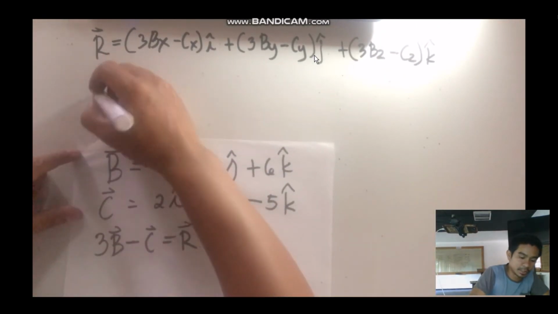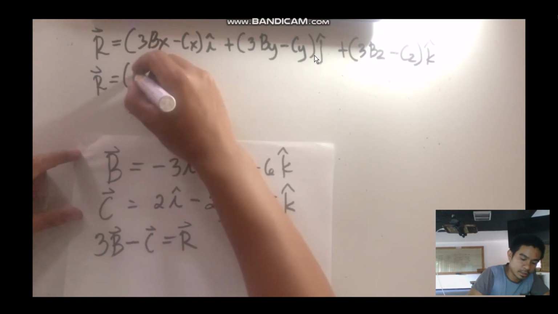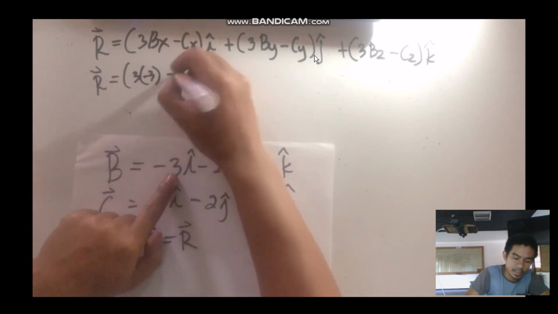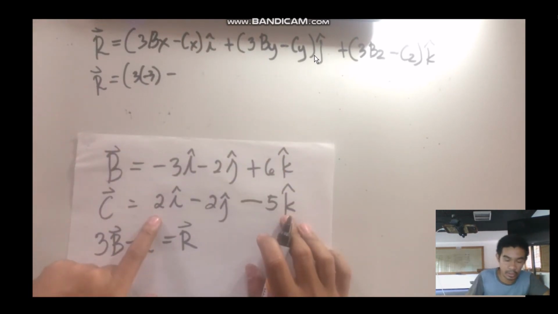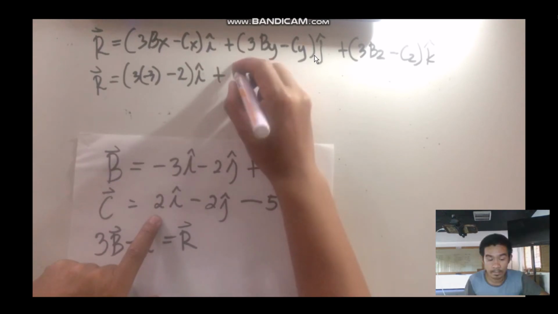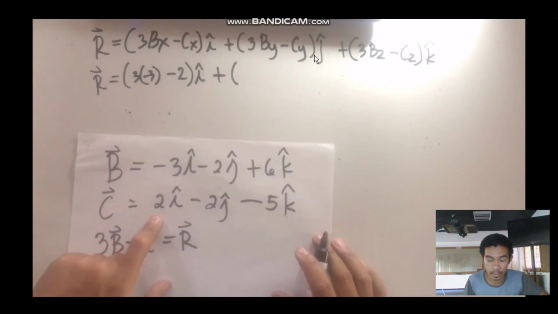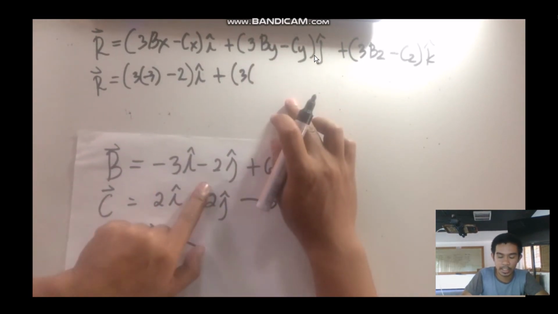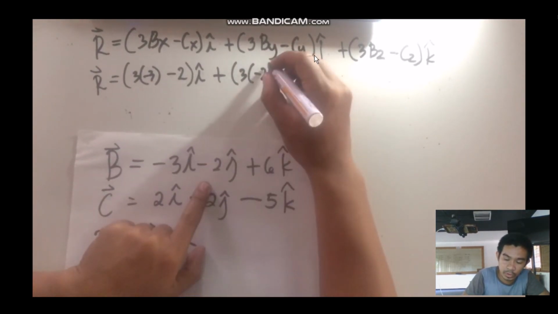So we have vector R equals 3 times, what is B of x? 3, minus C of x, which is 2, I hat plus 3 times B of y. B of y is negative 2.